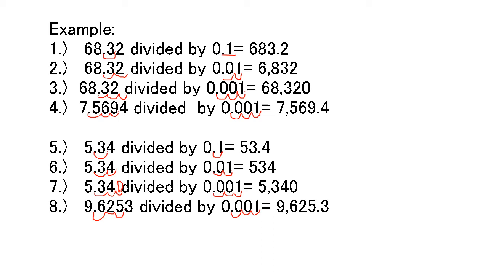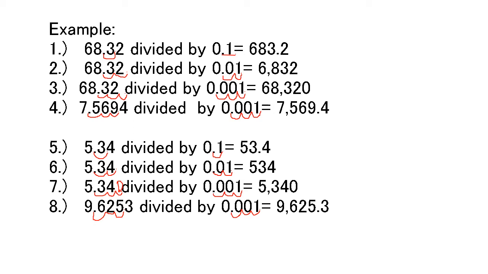Now let's proceed to number 6. 5 and 34 hundredths divided by 1 hundredth is equal to 534. Let's solve. Why is the answer 534? We are going to move the decimal point in the divisor to make it a whole number.